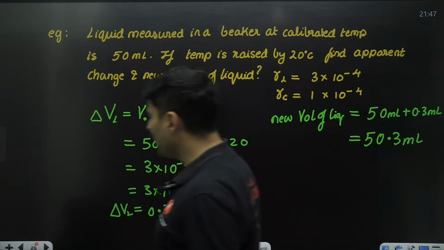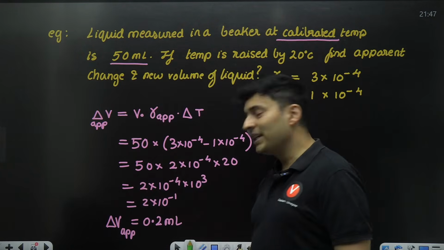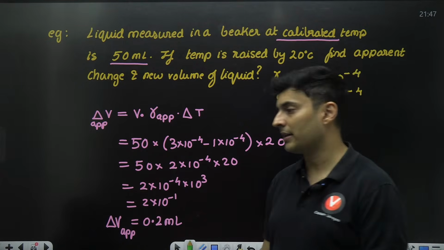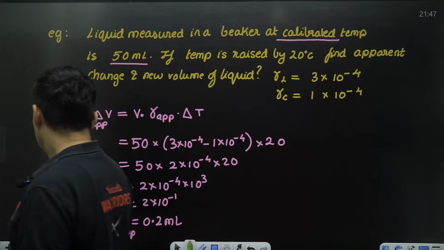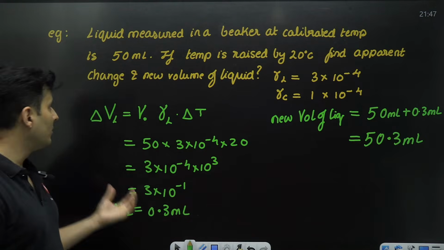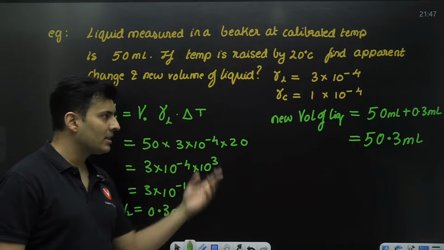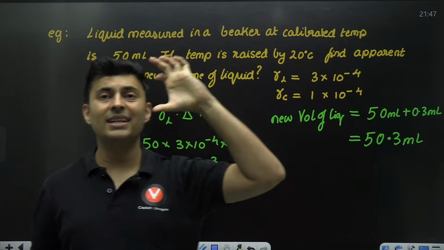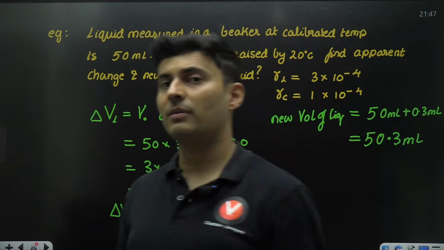I have seen many kids adding 0.2 ml to 50 ml, which is absolutely incorrect. Don't do that, because that is apparent change, that is not the real change. The real change in the volume of the liquid is 0.3 ml, guys. So 0.3 ml has to be added to the original volume to get the actual new volume of the liquid.